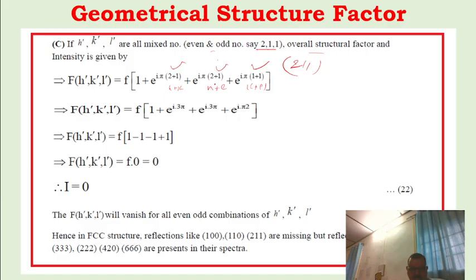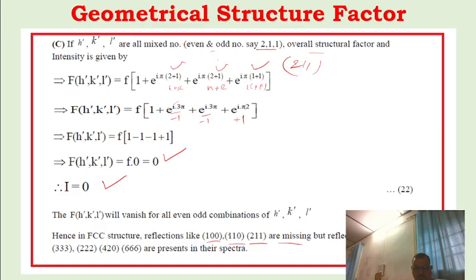So this is e to the i 3 pi, this is e to the i 3 pi, this is e to the i 2 pi. So this equals minus 1, this equals minus 1, this is even, equal to plus 1. If this is the case, then F equals 0, and the total intensity is zero. So we conclude that in the FCC structure, reflections like 100, 110, 211 are missing.